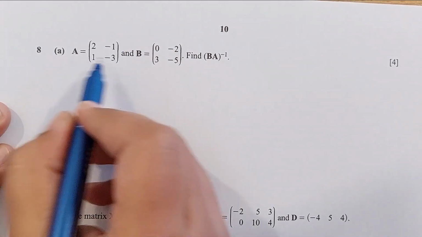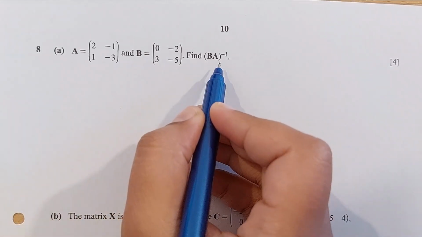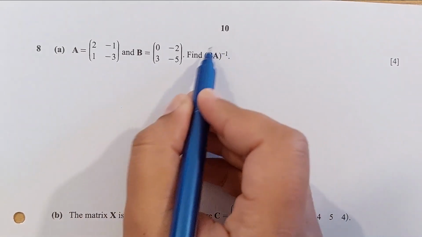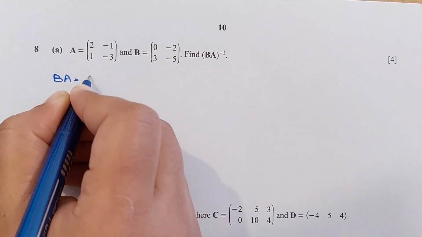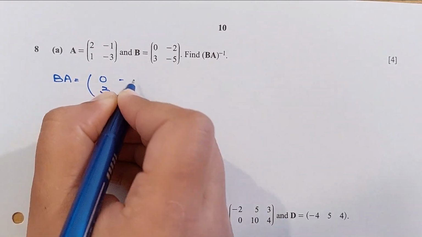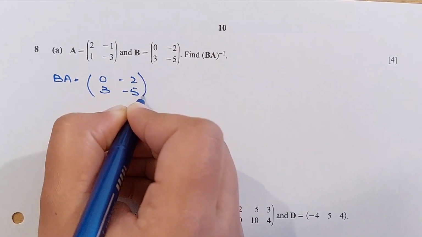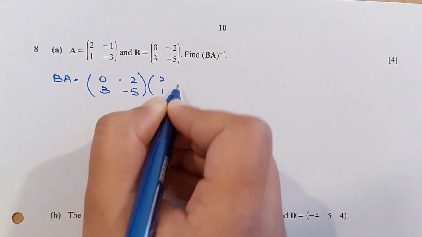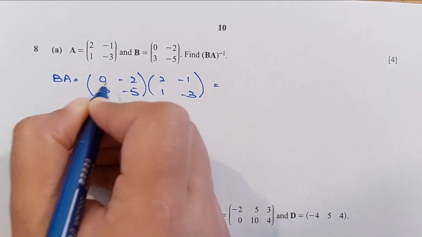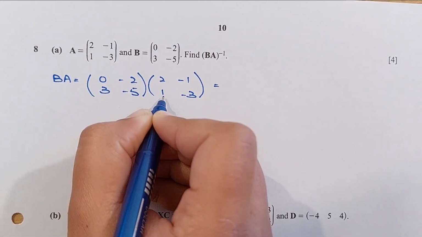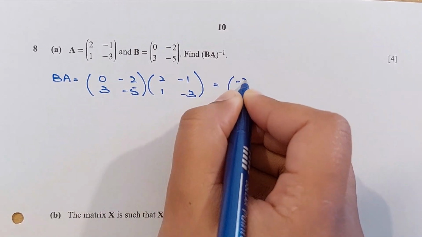Question number 8. We have a matrix A and a matrix B. We have to find (BA) inverse. So first we have to find the product of B times A. The matrix B is 0, 3, minus 2, 5, minus 5 times A, which is 2, 1, minus 1, minus 3. So rows are going to multiply with the columns: 0 times 2, minus 1 times 1, this is minus 2.